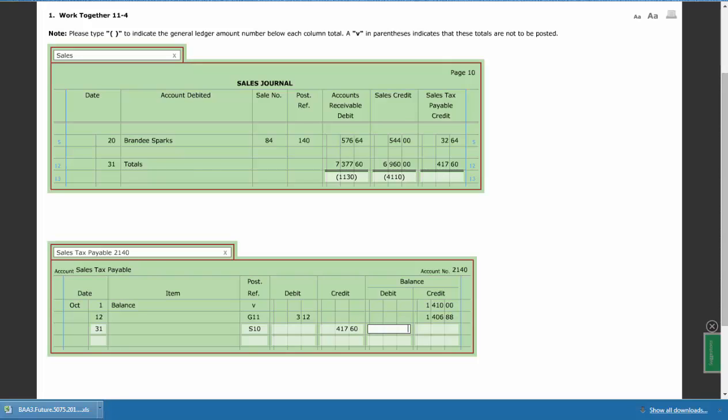It has a credit normal balance right now of $1,406.88. So I have to add those two together. Because remember, two credits, you add; two debits, you add; a debit and a credit, you subtract, and the balance is going to be whatever is bigger.